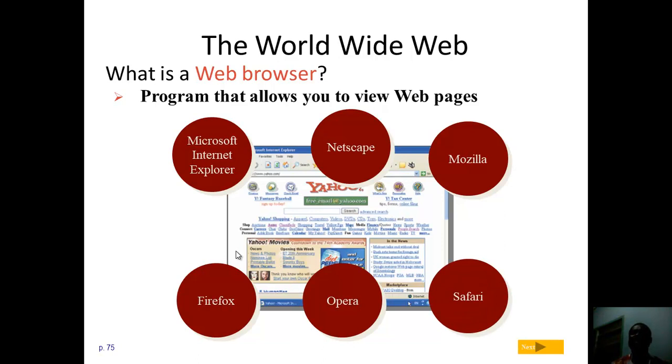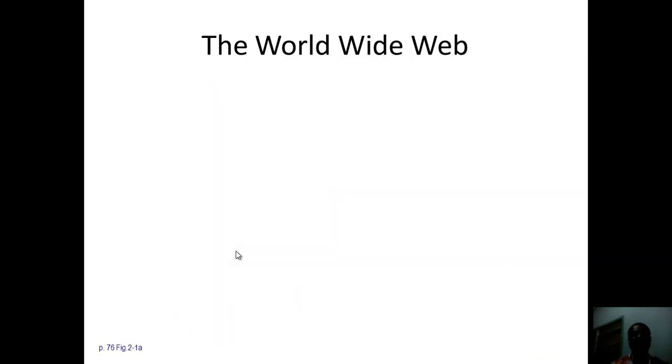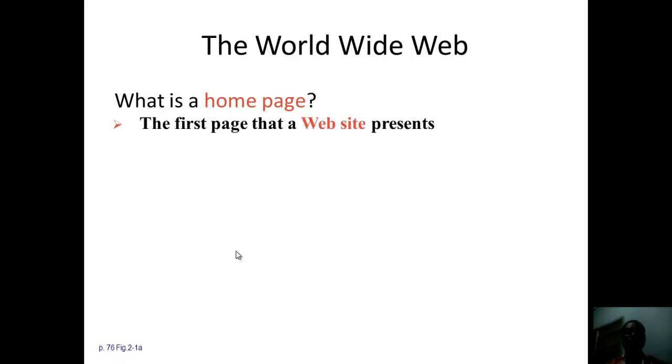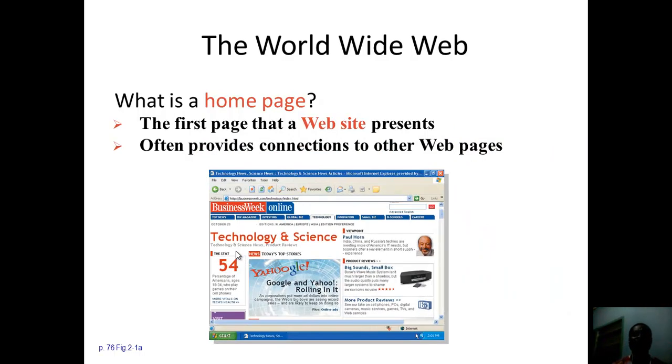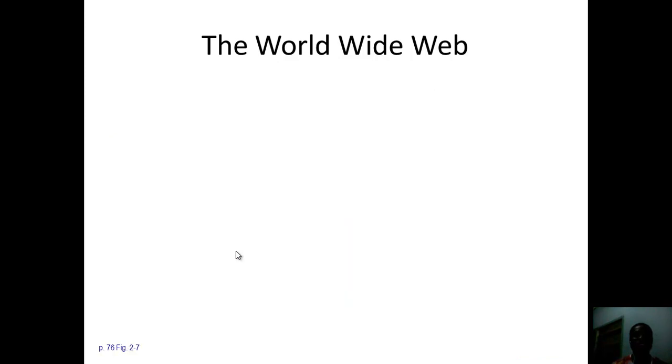They are applications that enable one to access the World Wide Web or any information you want to access on the internet. The first page you log in on a particular website is called the home page. This home page normally contains tabs and other things that enable you to navigate through that particular site. They provide links to other pages of that site. So that is a home page.